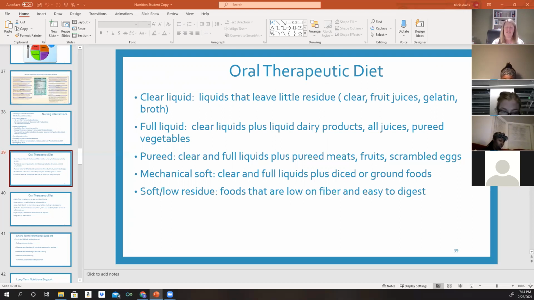The patients that you usually see on these diets are those who are not tolerating other diets. Sometimes it's the first diet that we give after they've had any kind of bowel surgery, or a lower endoscopy, any kind of major GI disorder. Usually it is the first post-operative diet that we give.